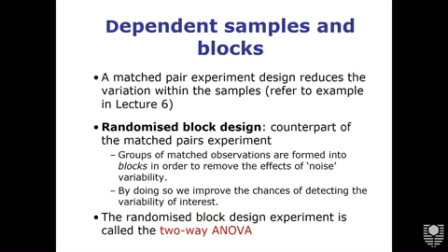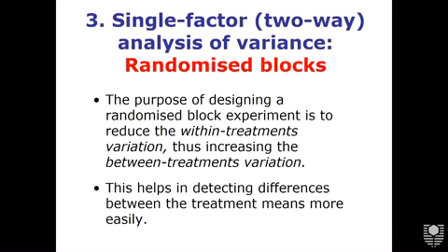So how to do that? 2-way ANOVA, to detect the variation of interest by using a randomized block design experiment. That's what we are going to do. The single factor, 2-way analysis of variance, randomized block.